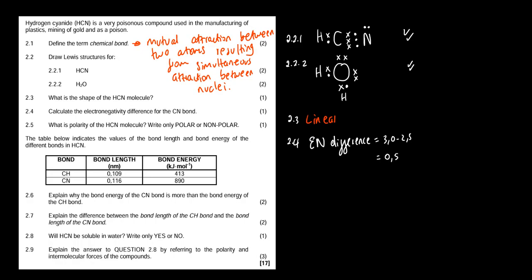Now, we have to understand that if our EN difference is equal to 0, then it's a non-polar covalent bond. But if it is between 0 and 1,2, then it's going to be weak polar.